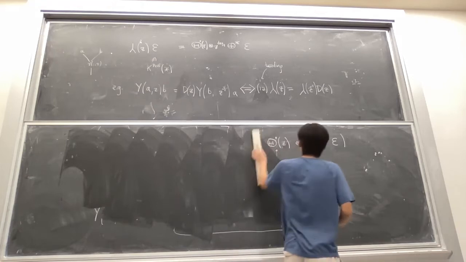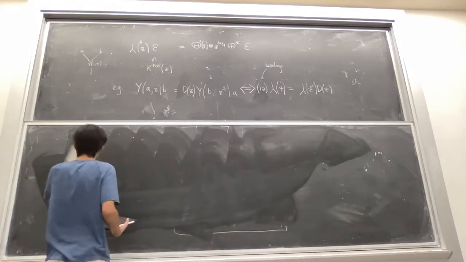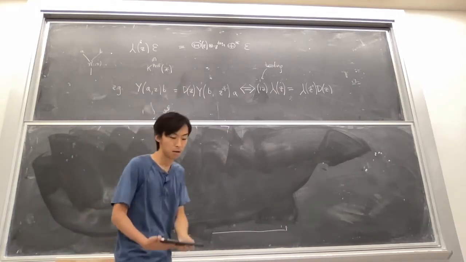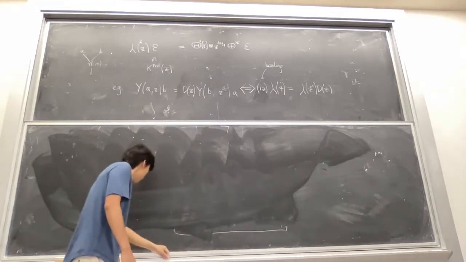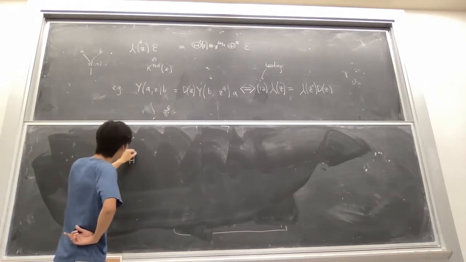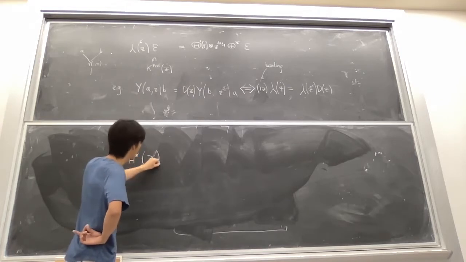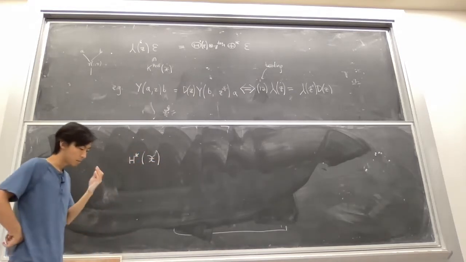Maybe before we dive, so what's the motivation behind wanting to do this? The motivation is that the cohomology of these kinds of stacks that we're thinking about, X, usually has some interesting structure.